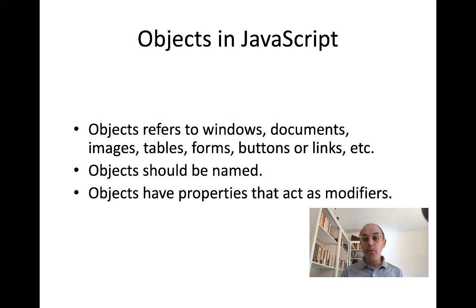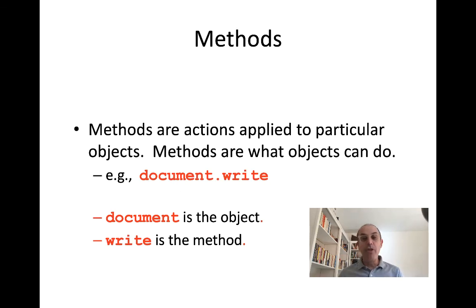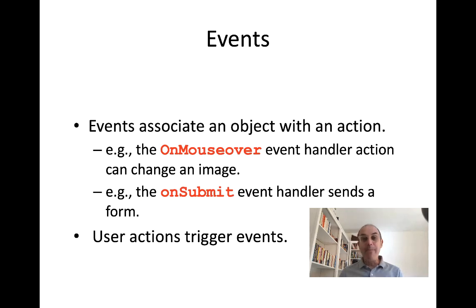The object has properties that act as modifiers. For example, document is the object, but the background color is the property of that object. The methods are the actions applied to a particular object, for example document.write. Again, the document is the object, and write is the method.